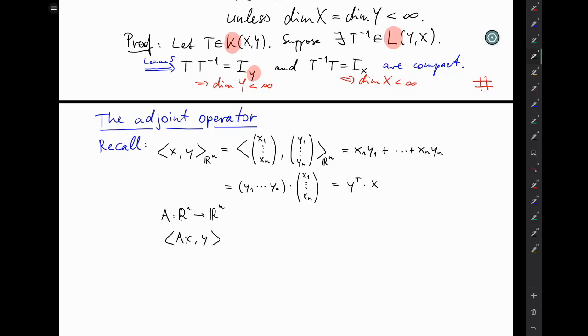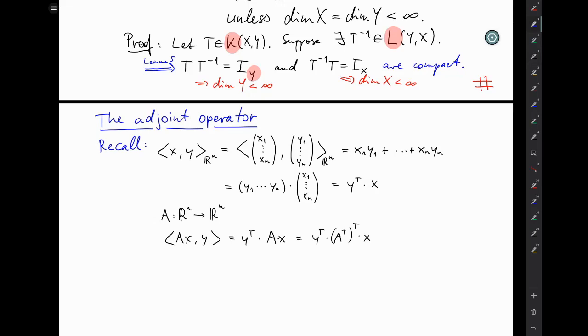Now by the formula that we just derived, we can rewrite this as y transpose times Ax, and then remark that this is actually also just matrix times vector multiplication, and recall that A transpose is A again.